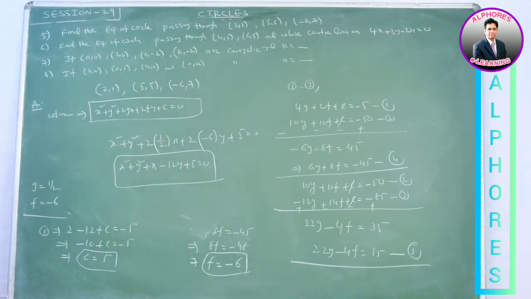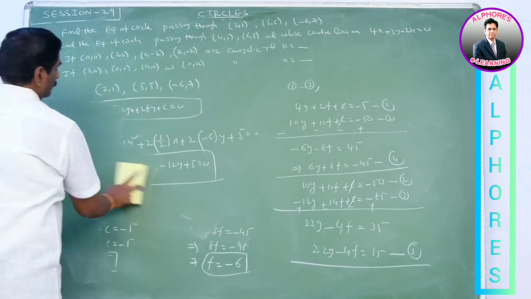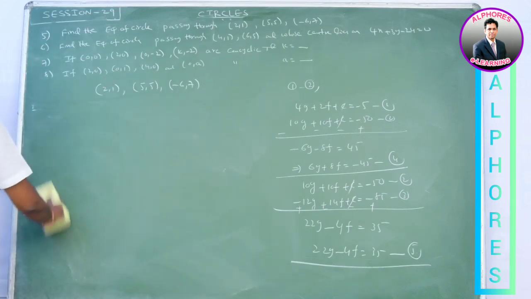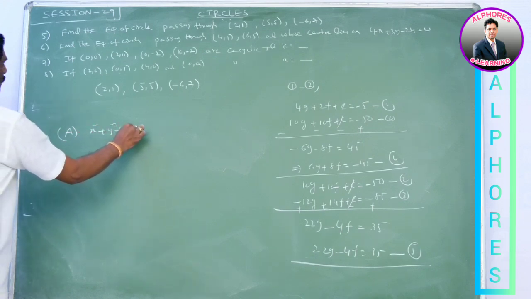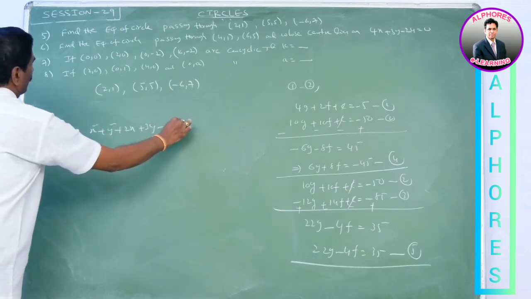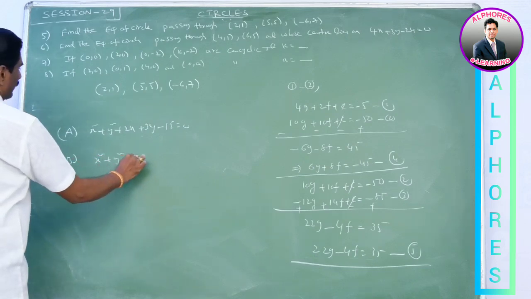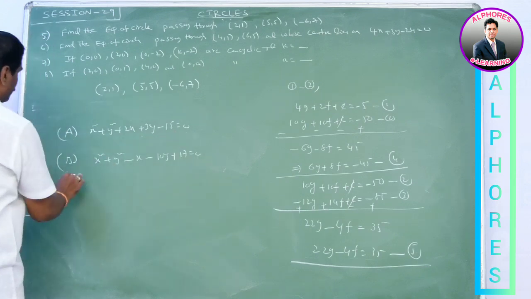Please observe these points. Suppose the options are in this way. First one, x square plus y square plus 2x plus 3y minus 15 is equal to 0. Second one, x square plus y square minus x minus 10y plus 17 is equal to 0.